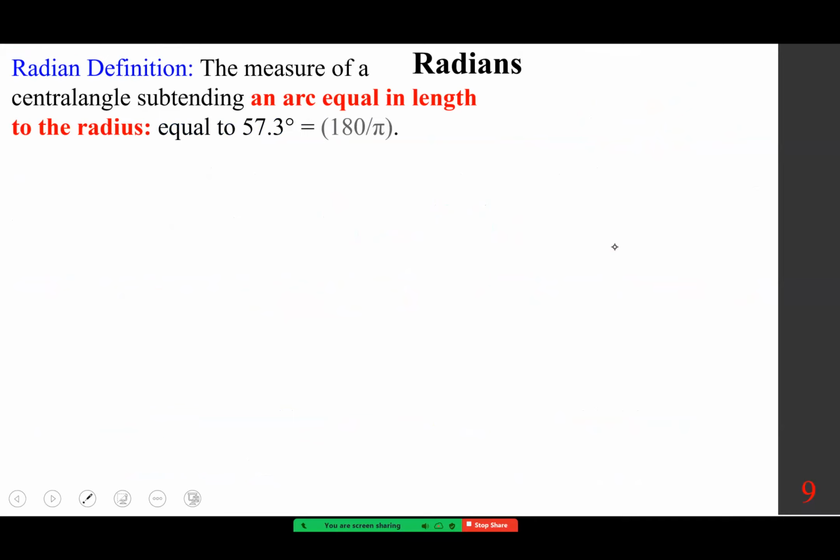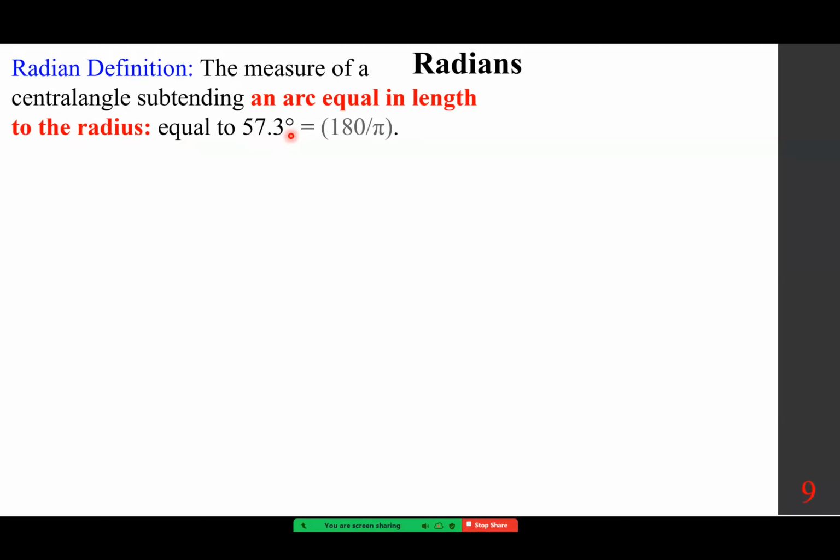Radian. Radian has a definition. Here's the definition. The measure of a central angle subtending an arc equal in length to the radius. And it works out to be almost 60 degrees, 57.3 degrees, or 180 divided by pi.